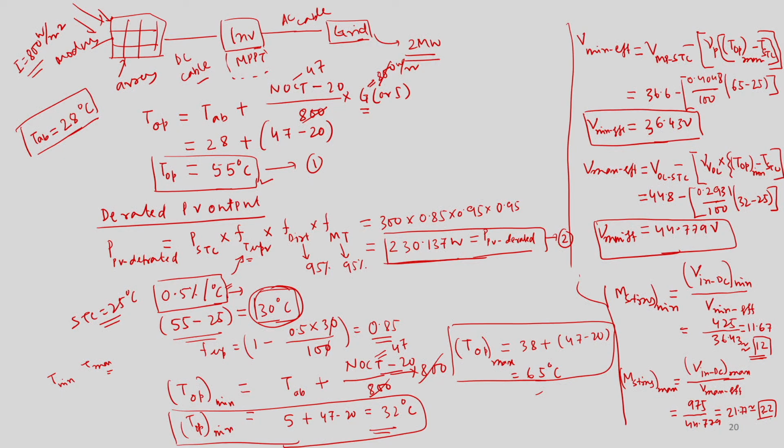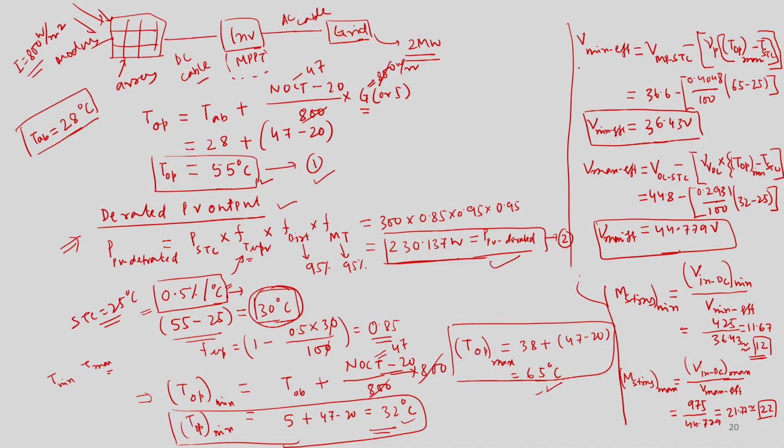So, what I have done here: first we calculated the operating temperature, then the derated power output of the PV array, using the derating factors. Then we calculated the minimum and maximum operating temperatures, found to be 32 and 65.